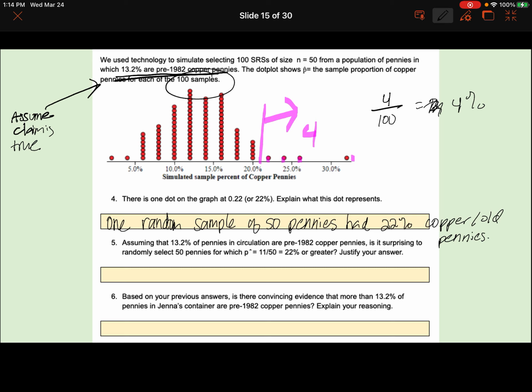So this is going to be surprising. It's less than 5%. So I'm going to say yes. Only 4 out of 100 samples had 22% or higher old pennies, which is less than 5%.